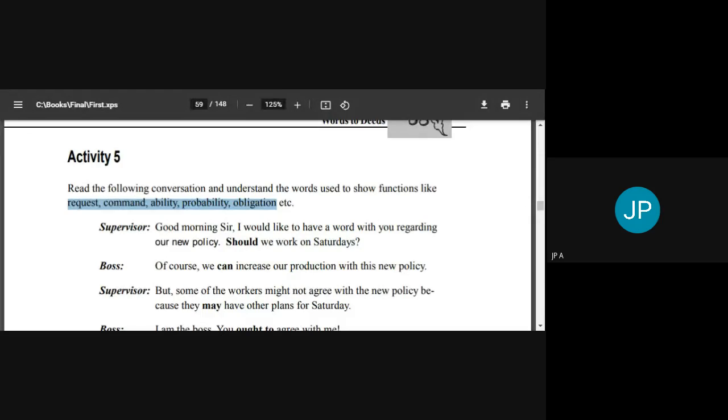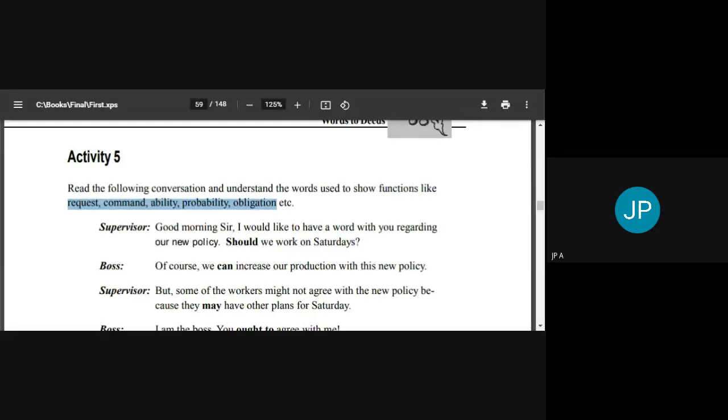Let us look at yet another sentence. The sentence, it can rain today. Is it ability or is it permission? Is it asking a request? No. What is the function of can in this sentence? Exactly, very good.